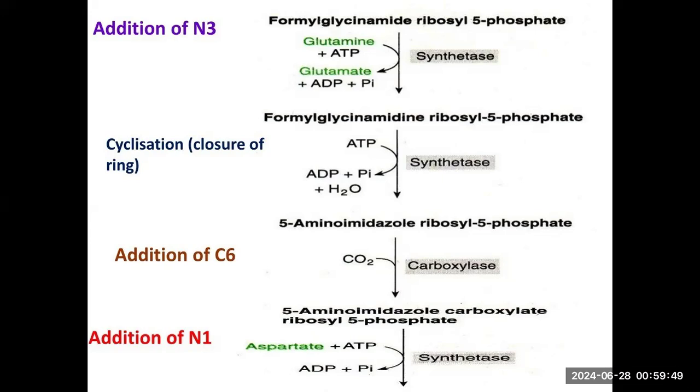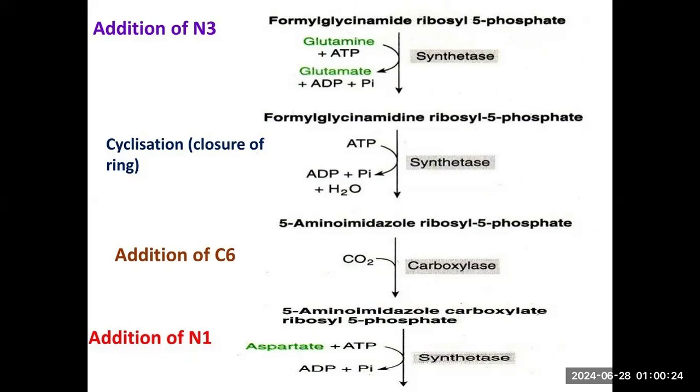At this stage, the atoms of the small ring, the imidazole ring, are complete, and therefore a cyclization reaction takes place in the presence of ATP and the synthetase enzyme, and we get the formation of 5-amino imidazole ribosyl 5-phosphate.